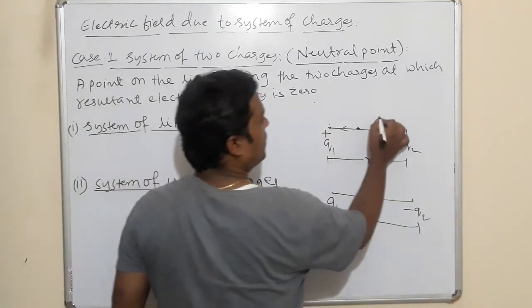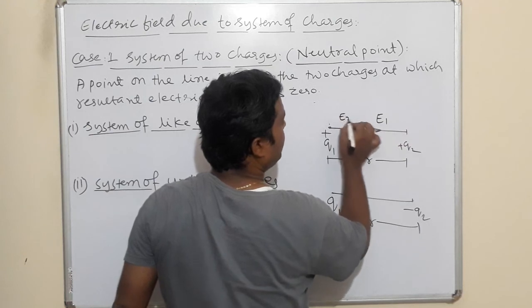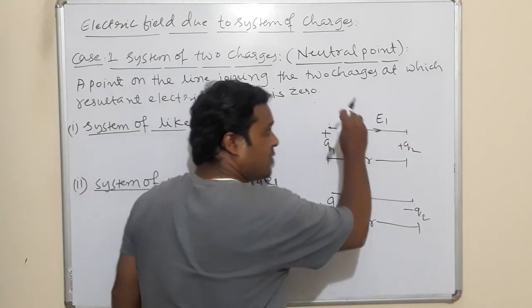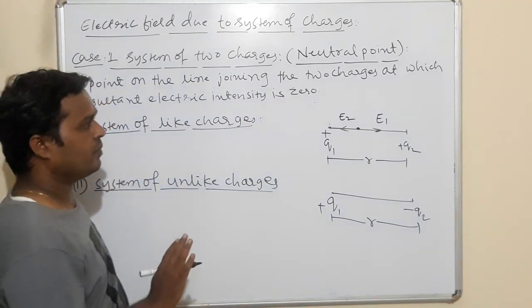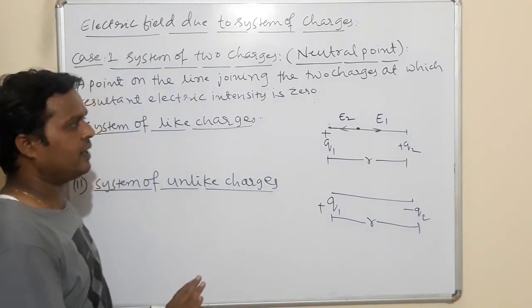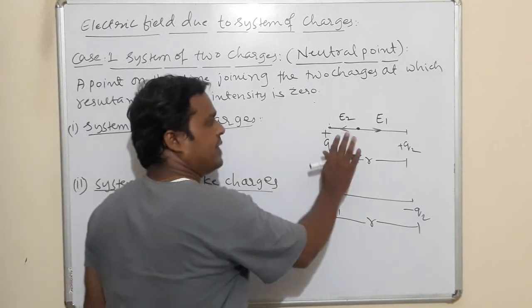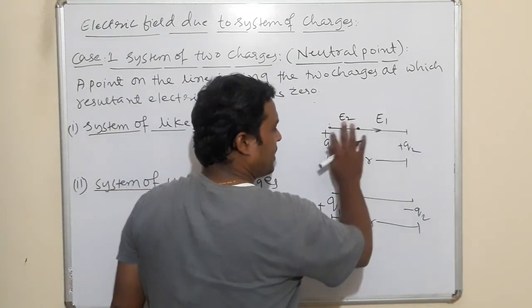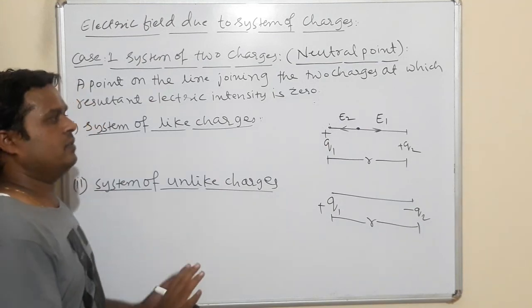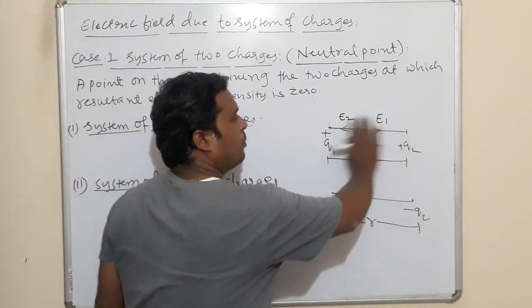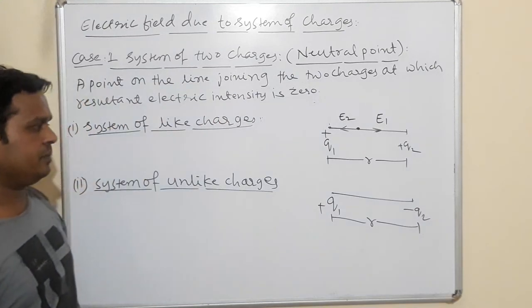That means both the fields are opposite in direction here. That means the possibility of net field to be zero is there. Possibility is there. Net field possibly can be zero because two fields are opposite in direction. First and the primary condition for the net field to become zero is that both the fields must be opposite in direction.